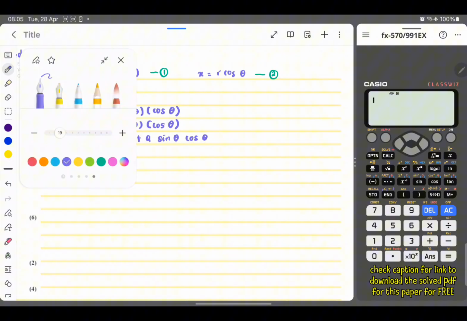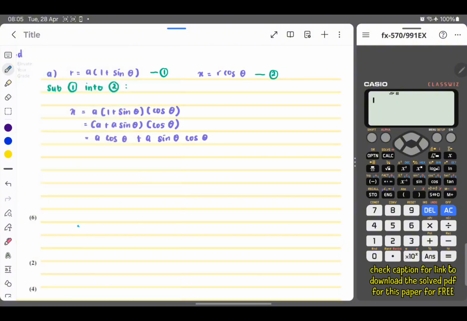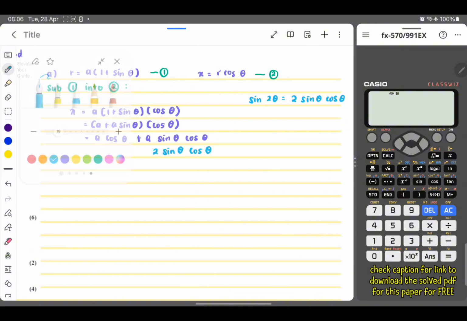Let's recap our identities. We know that sin 2θ = 2 sin θ cos θ. So here we have 2 sin θ cos θ, and what we can do is multiply this by a/2 in order to get the coefficient a.